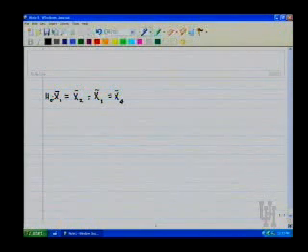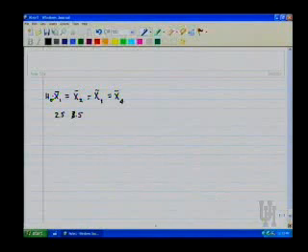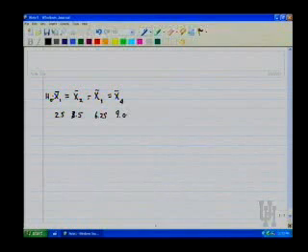That's the null hypothesis. X bar 1 was 2.5. X bar 2 was 3.5. X bar 3 was 6.25. And X bar 4 was 9.0.